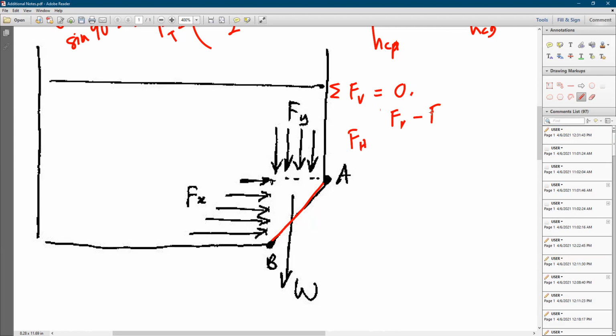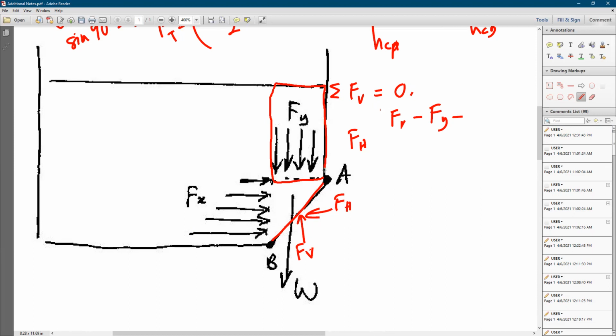FV is actually this one. This is your FH. So FV minus Fy, then again minus W, because this particular water is acting on this particular surface. Fy is actually only this.